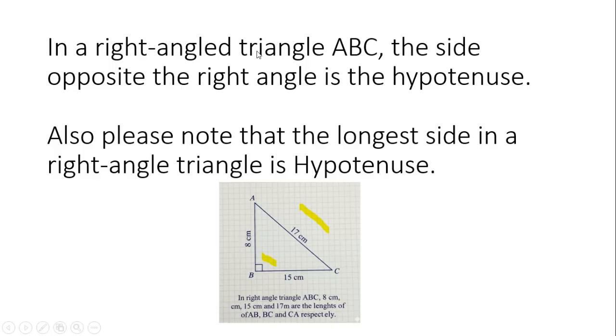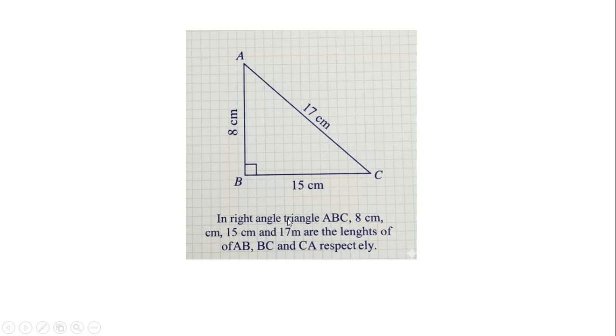What becomes the hypotenuse, which has the longest length? AC is having 17 centimeters. That's why it becomes the hypotenuse. The angle which is opposite to the hypotenuse is nothing but the right angle. That means here the angle is a right angle at B. We have to conclude it.